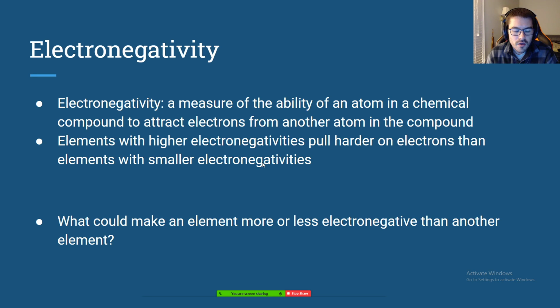Okay? So, let's think about this for a second. What could make an element more or less electronegative than another element? What could make an atom good at pulling on electrons, and what could make it bad at pulling on electrons?